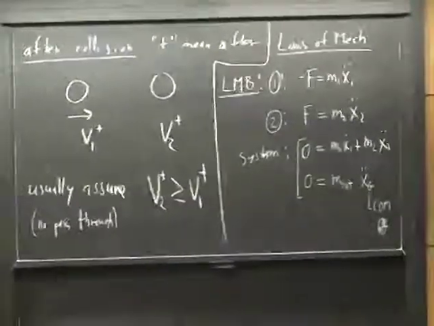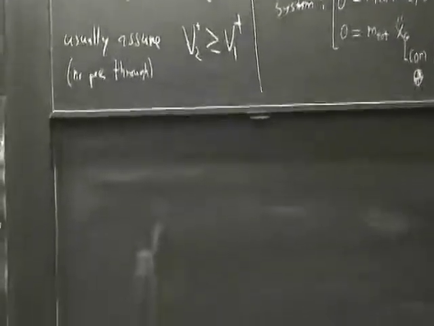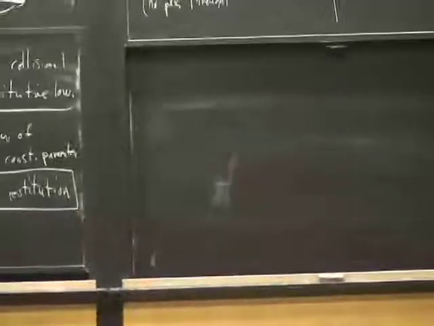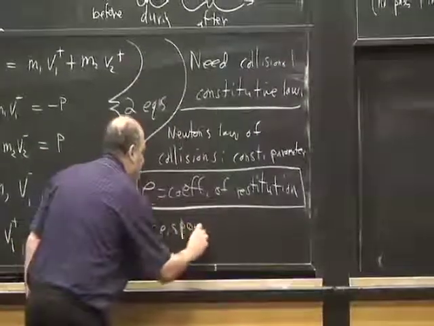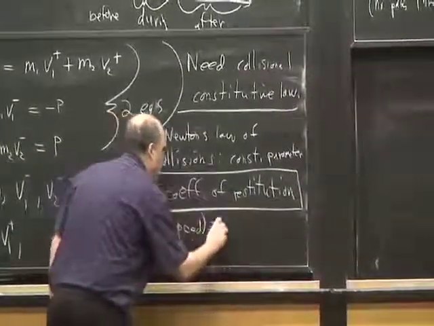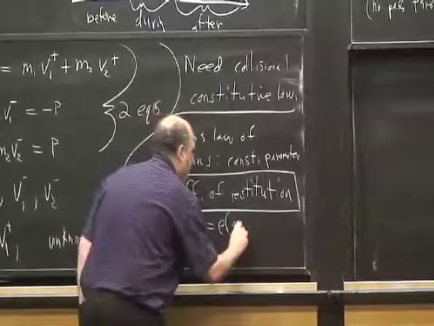So the coefficient of restitution works like this. It says that the separation speed is equal to E times the approach speed.